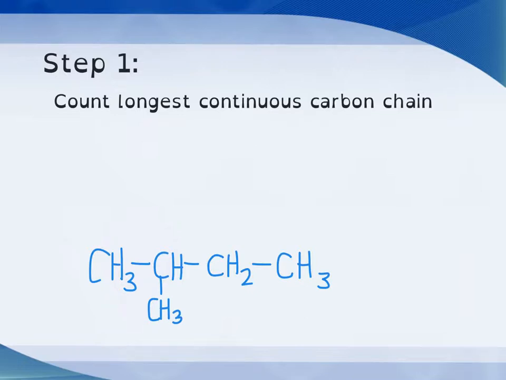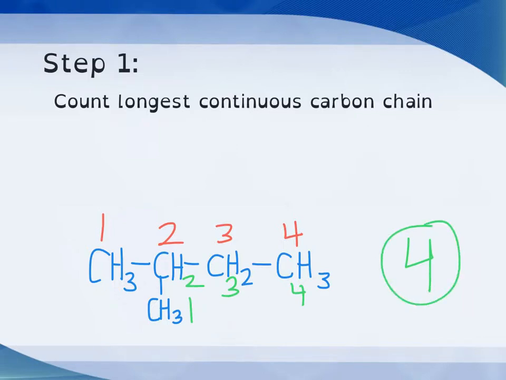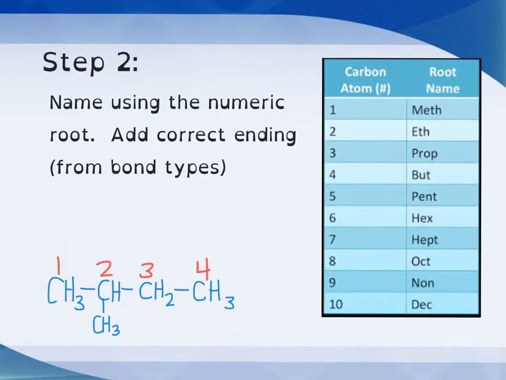We could be numbering 1, 2, 3, 4, or the other option would be 1, 2, 3, 4. Either way, we have a 4-carbon longest continuous chain. That means that our root for this compound will be based on the name but.